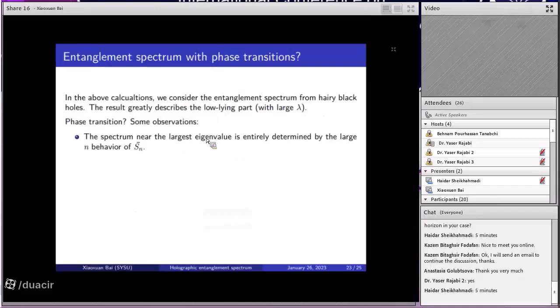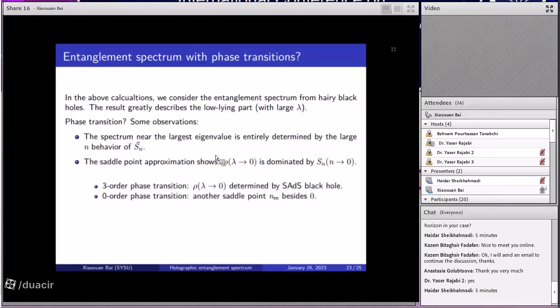So first, the spectrum near the largest eigenvalue is entirely determined by the large n behavior of the Rényi entropy. Then we use the saddle point approximation to show the spectrum with lambda approaching 0 is dominated by the Rényi entropy with n approaching 0. So for the third order phase transition of black holes, the corresponding spectrum with such behavior is determined by the SAdS black hole, because the SAdS black hole is more stable at high temperature.